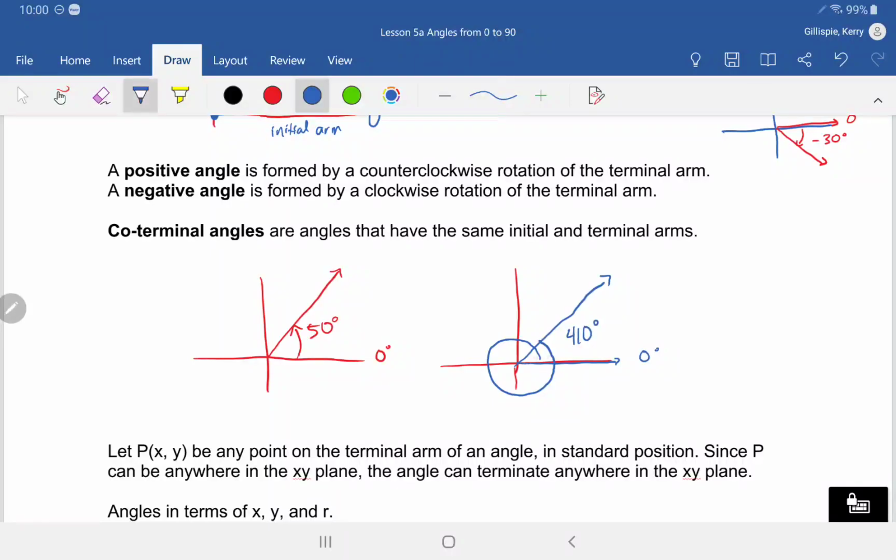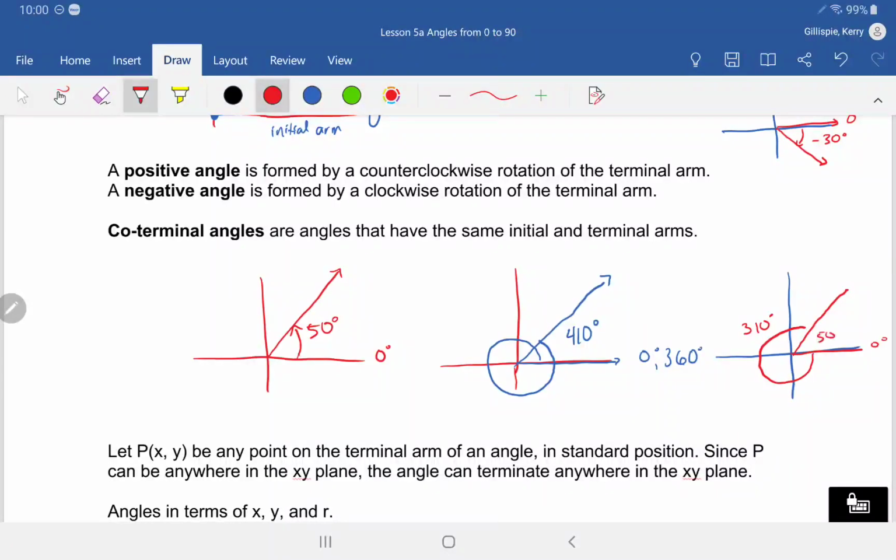So the way I got that was it did a full 360-degree rotation. So not only did it start at 0, but it came back to 360, and then it went an additional 50 degrees, making it 410. Okay, we could also do a coterminal angle in a negative rotation. So for example, it could start at 0 degrees again, and if it goes from here and swings all the way around to that exact same spot, then this would be 310 degrees, right?